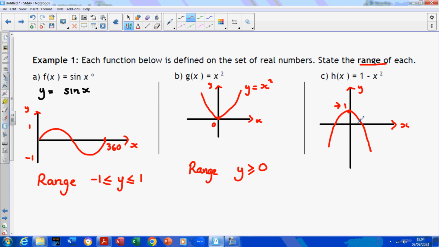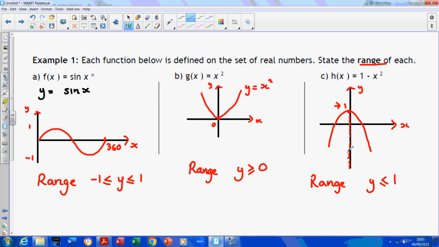For the range, the highest point it reaches is y equals 1, and then all the y numbers all the way down can be used. And again, I could keep going: 1, 0, -1, -2, -3, -4, and it keeps going. So the range of values for this wee graph is y is less than or equal to 1. Sometimes it's easier to see it from a graph.